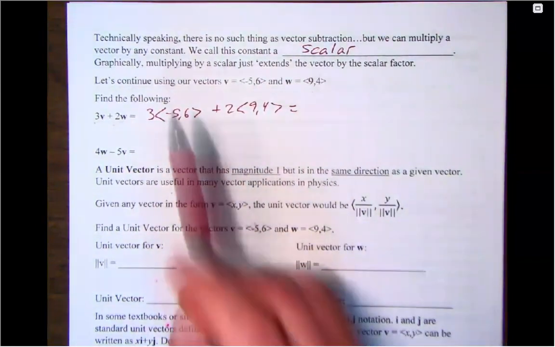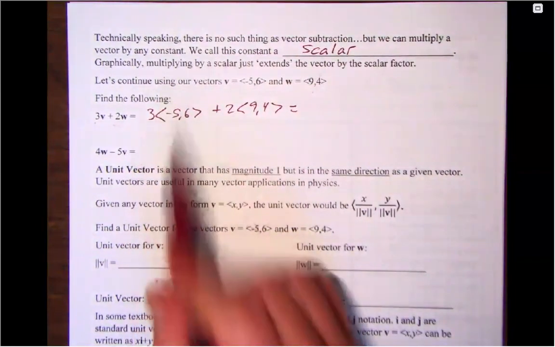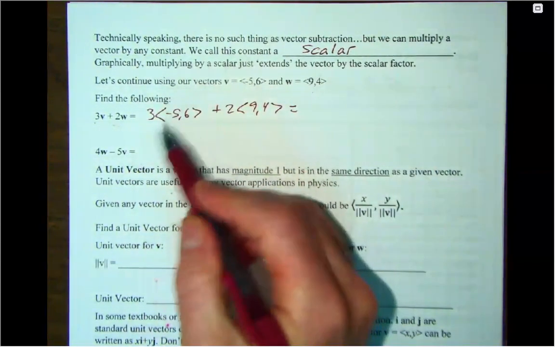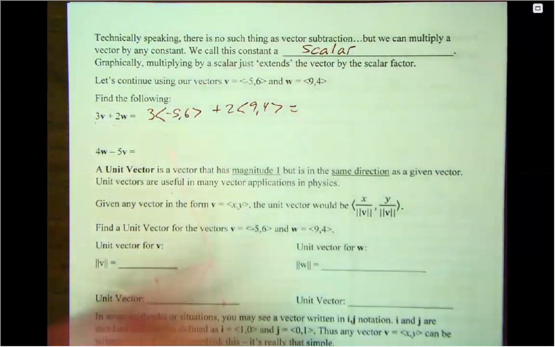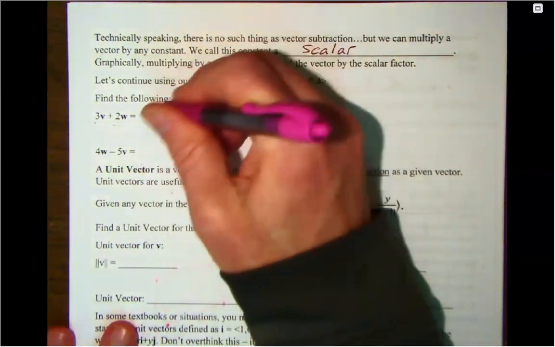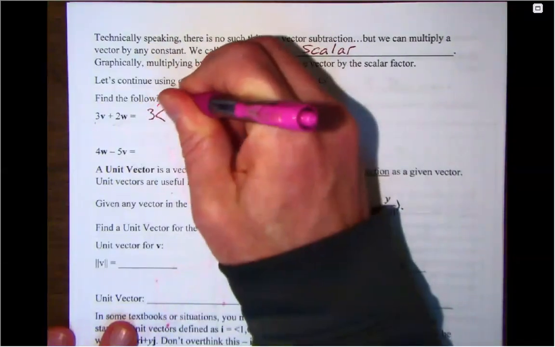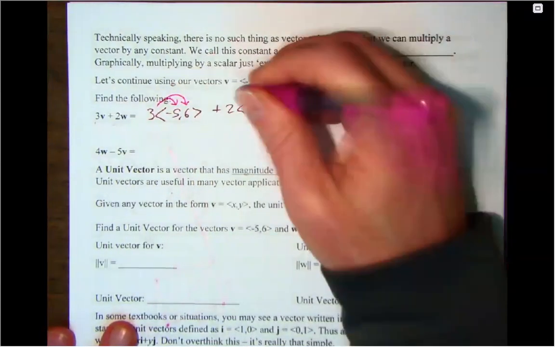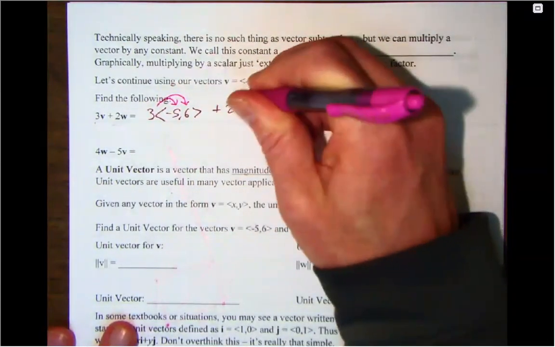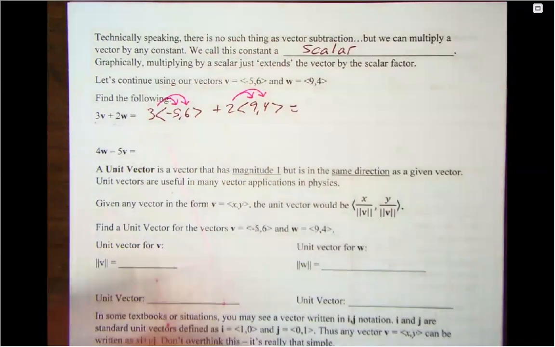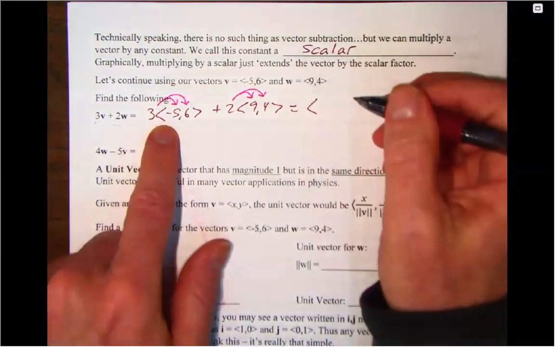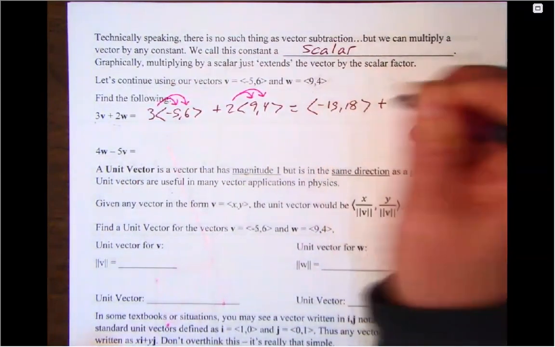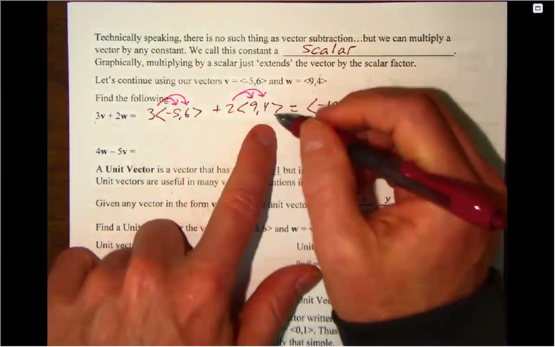This should ring bells from your algebra days. Even though it's outside parentheses, we can still just distribute. If you have a 3 times a vector, or any number times a vector, we multiply that 3 into both of those, and the same thing with the 2. So this would end up being negative 15 and 18 plus 18 and 8.